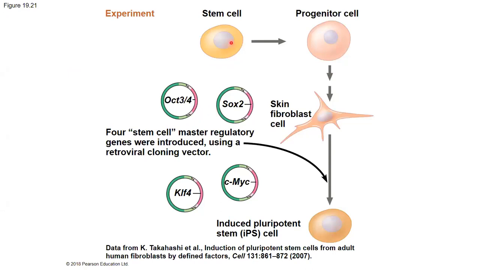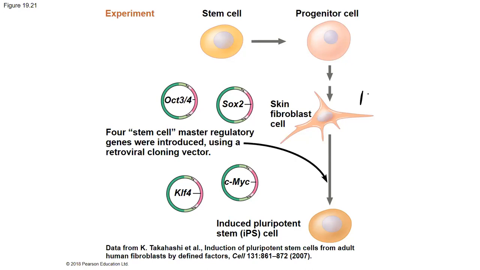So typically, a differentiated cell comes from, its origin is a stem cell, and the stem cell becomes committed, and now it's a progenitor cell, and then a progenitor cell fully differentiates into, for example, a skin cell, a specialized cell.